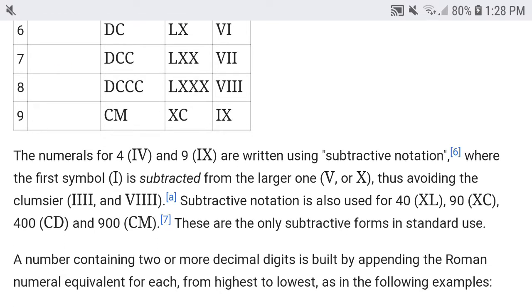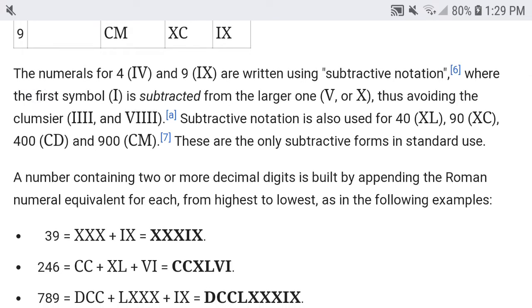The numerals for 4 and 9 are written using subtractive notation, where the first symbol is subtracted from the larger one, thus avoiding the clumsier 4 I's and 5 followed by 4 I's. Subtractive notation is also used for 40 or XL, 90 XC, 400 CD, and 900 CM. These are the only subtractive forms in standard use.